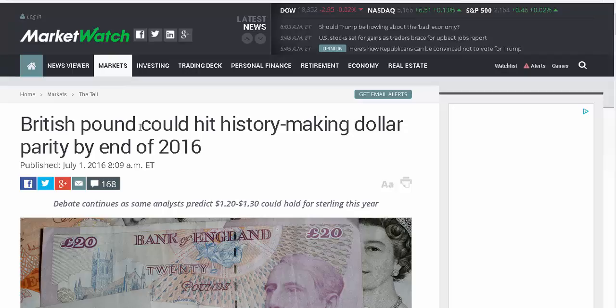I don't know about that. You always hear about parity. It was always going to be euro against sterling. Oh, that's going to hit parity. A few years ago, it went up to 0.9, or it went up a bit, but it fell back.